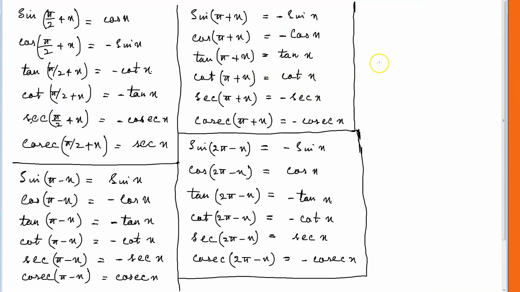Okay. So what you can do here is that, first of all, the change in the trigonometric ratios themselves is easy to remember: only when you have pi by 2, the trigonometric ratios are changed. Except for that, there is no change in the trigonometric ratios. You can categorize them as case number 1, case number 2, case number 3, and case number 4, so that you have some way to remember them.